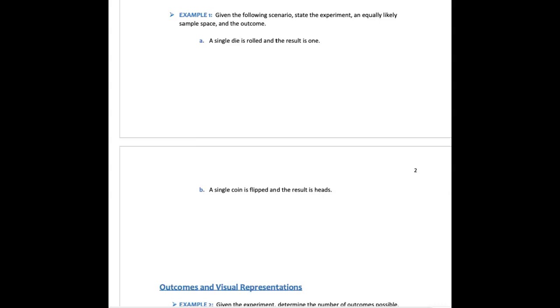The sample space, the set of all possible things that could happen, is 1, 2, 3, 4, 5, 6, right? With a standard 6-sided die, those are the numbers you could roll. And then the specific outcome we're interested in is rolling a 1. So all of that is summarized here. Again, your experiment is rolling a die. The sample space is the numbers 1 through 6, and the outcome is rolling a 1.